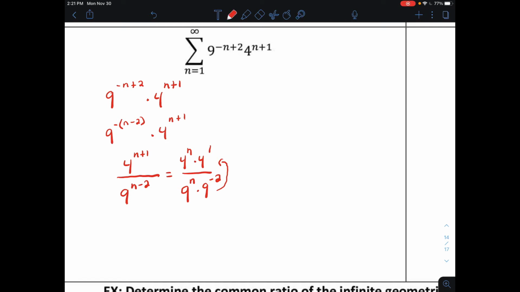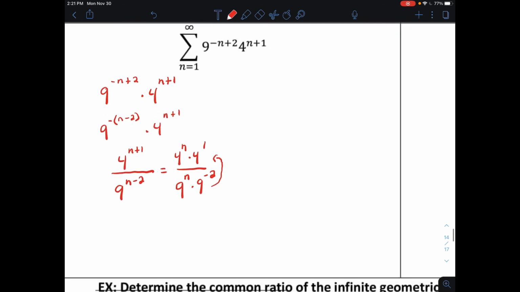Well, 9 squared is 81, and 81 times 4 gives me 324. So I'd have 324 times 4 to the n over 9 to the n, which I could take one step farther, since both the 4 and the 9 have the same exponent, and say that's the same thing as 324 times 4 over 9 raised to the n power.